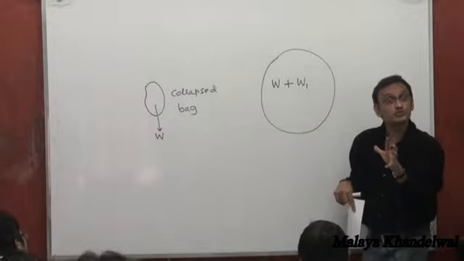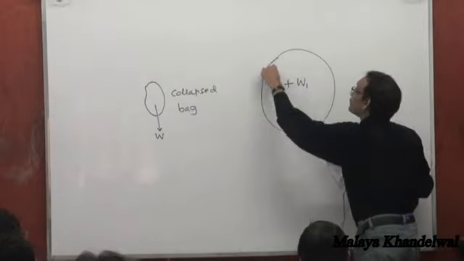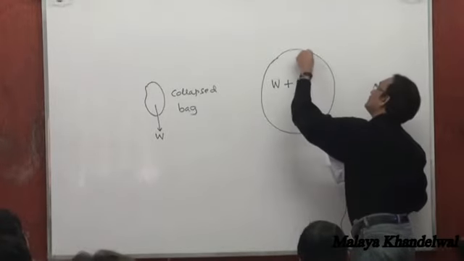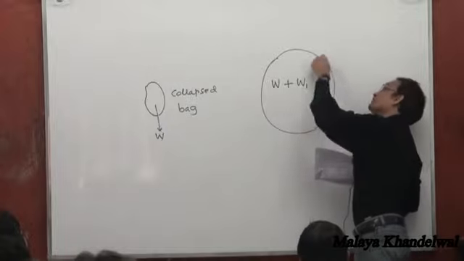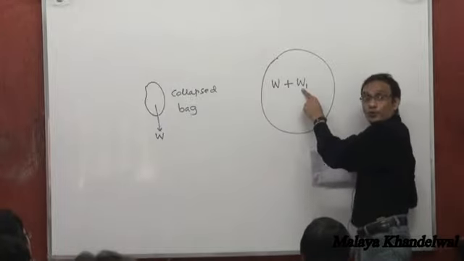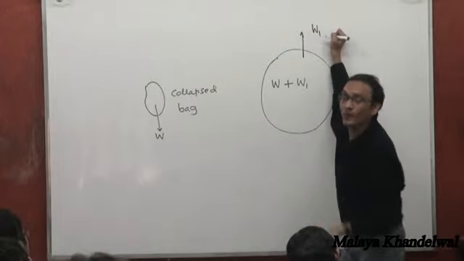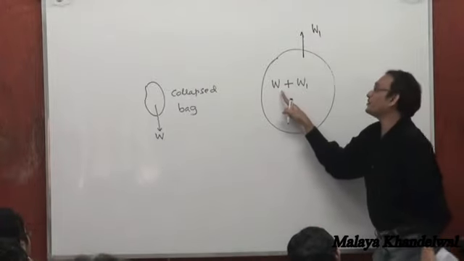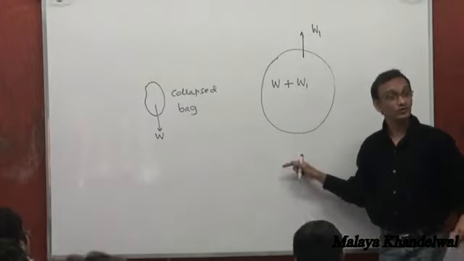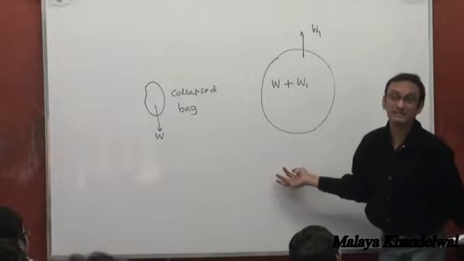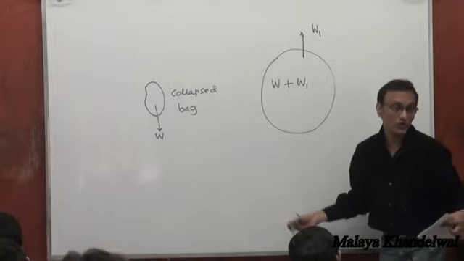The upthrust would be the weight of this amount of air which is displaced, which is W1. So it experiences an upthrust which will also be W1. So what's the net weight? W. So they weigh the same. Clear? You know what I'm saying?